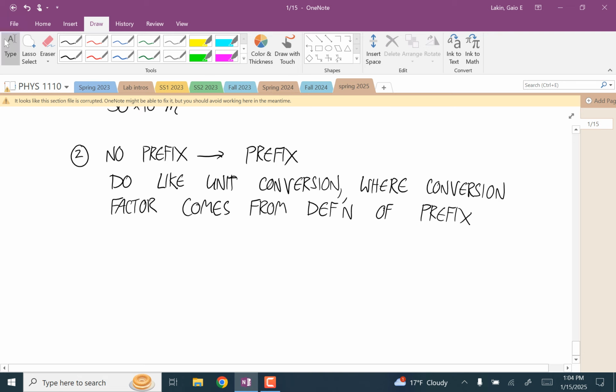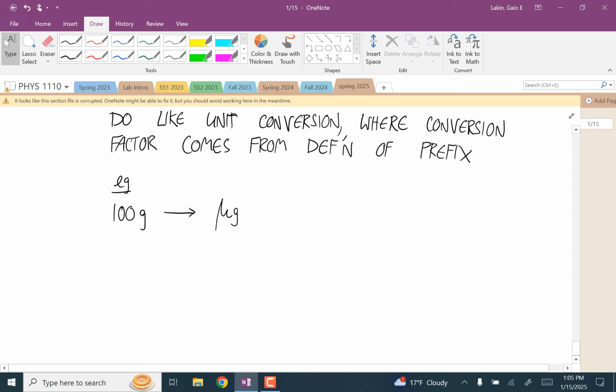Okay, so as an example, let's say we have 100 grams and we want to express that in micrograms. So what we're going to do is we're going to say 1 microgram, from the definition of micro, is equal to 1 times 10 to the minus 6 grams.